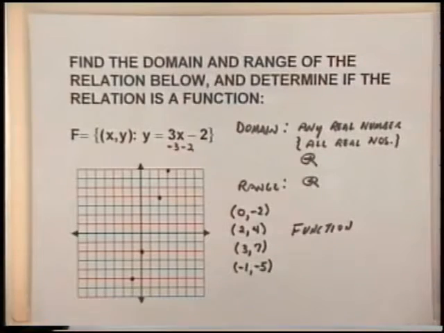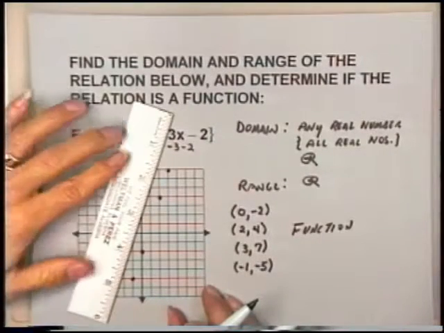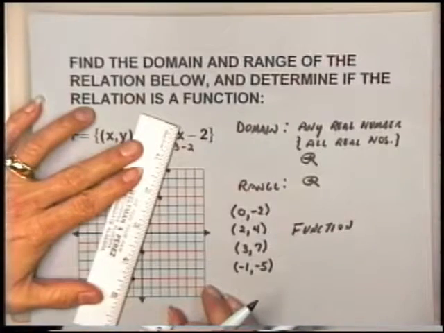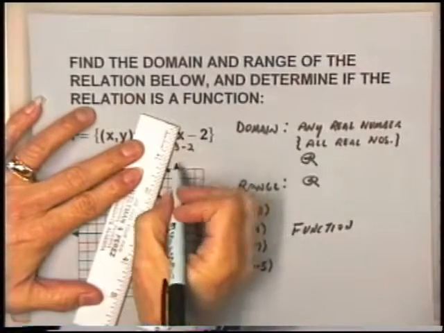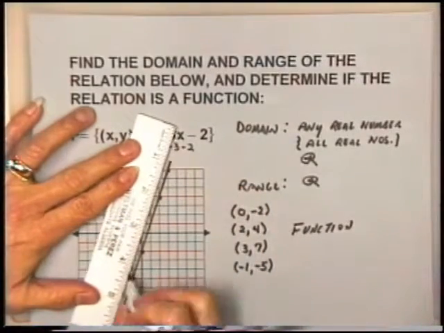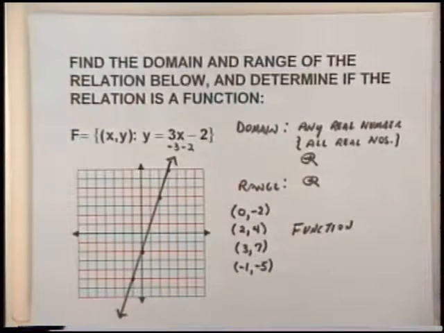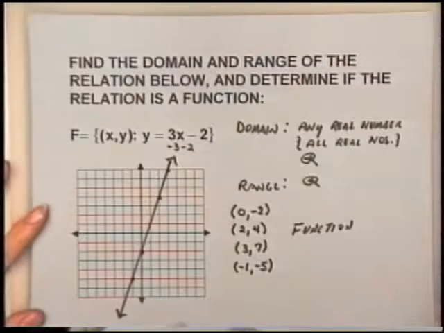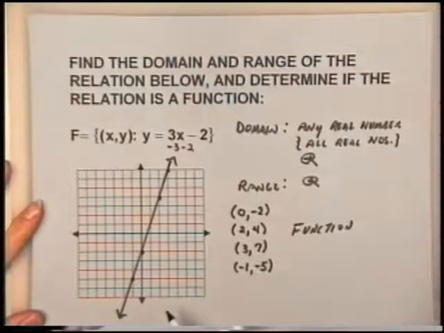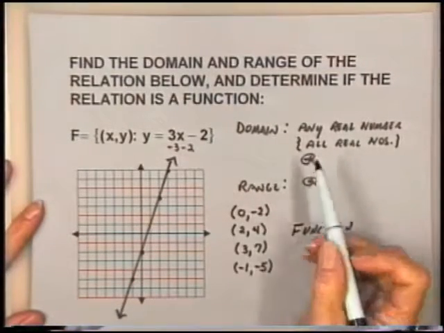Now, you probably suspected from previous lessons that this graph was going to be a straight line because that equation that we were looking at was a linear equation, wasn't it?